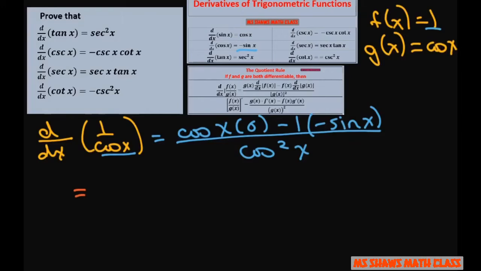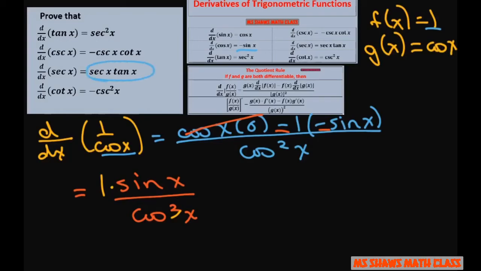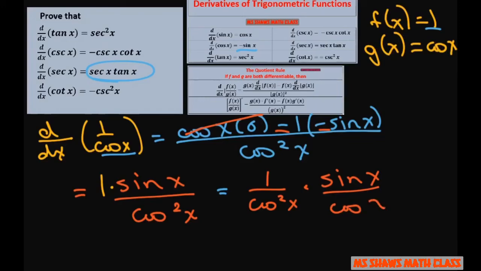All right, so this is going to equal, that's 0. So you get sine of x, there's two negatives here, divided by cosine squared of x. Now again, I'm going to put a 1 in front here and split this up, because we're trying to make it look like that. So basically you get 1 divided by cosine x times sine x divided by cosine x.